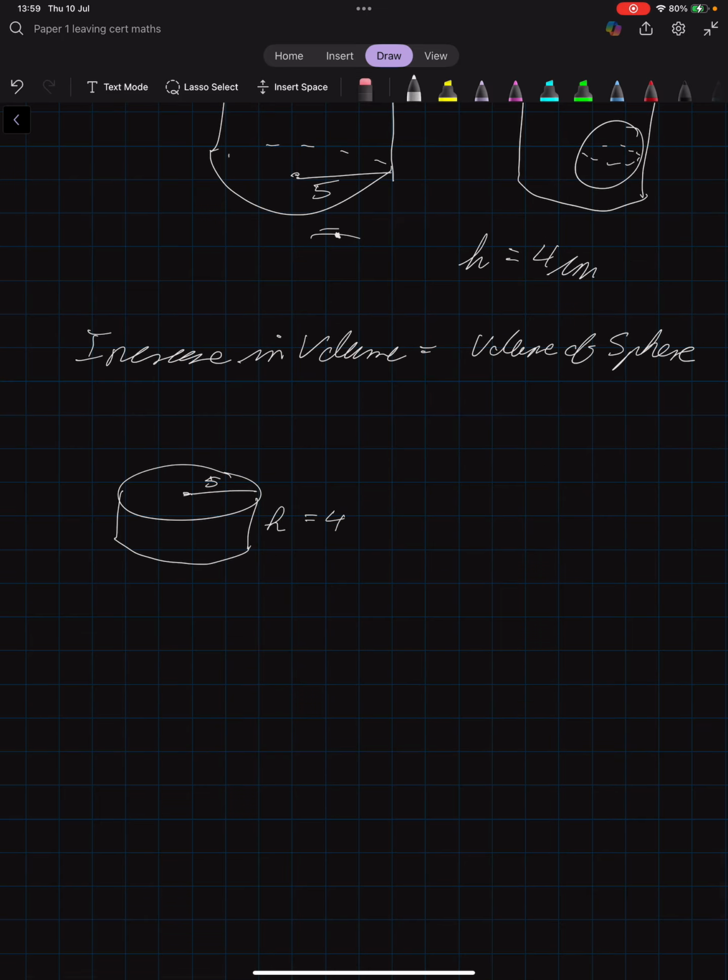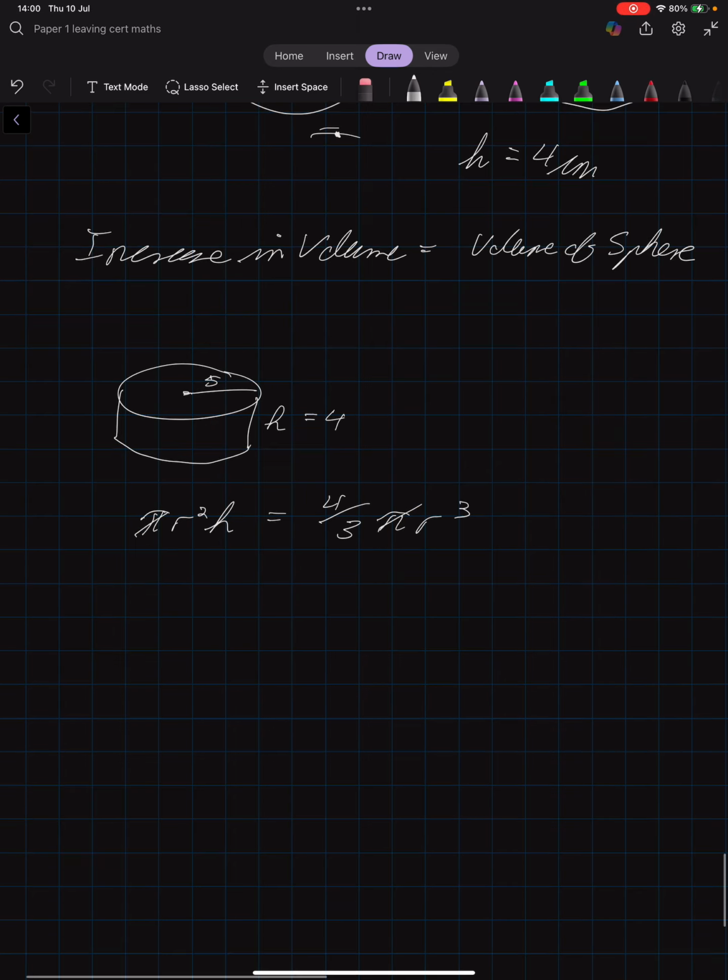So now, the volume of a cylinder is pi r squared h, and that's equal to the volume of the sphere, which is 4 over 3 pi r cubed. First things first, I can get rid of the pi on both sides. Okay? So r squared, that's 5 squared, which is 25, times h, which is 4, so it's 100, is equal to 4 over 3 r cubed.